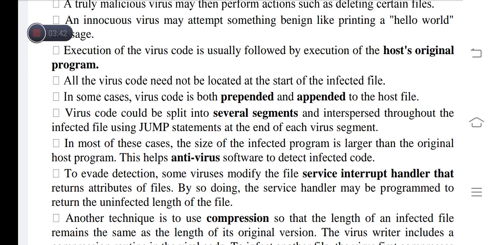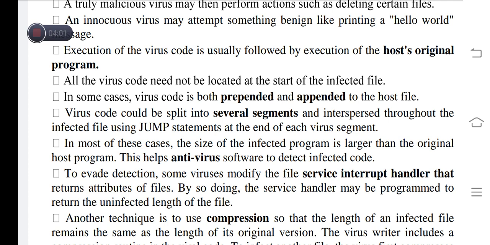Various parameters are associated with the file. So the attributes of the files can be fetched with the usage of the service interrupt handler. So the virus will modify the file service interrupt handler which returns the attributes of the files.